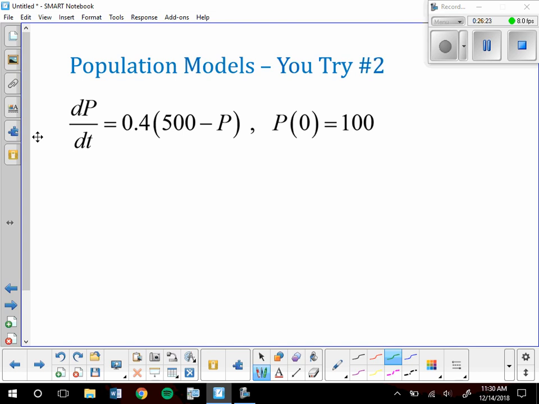If P is 500, dP/dt equals 0 and our population stops growing. So I want you to try this one on your own. You will have a question that looks exactly like this on your quiz. So take it seriously. I want you to pause the video now, try this one on your own, and then you can check your work.